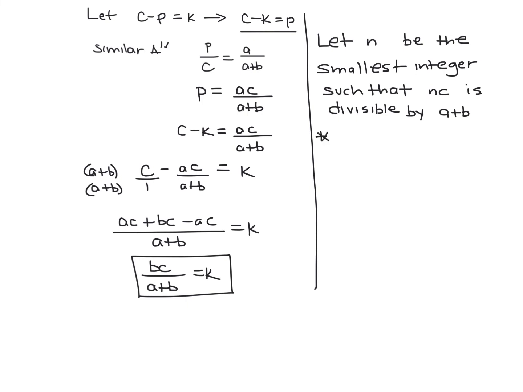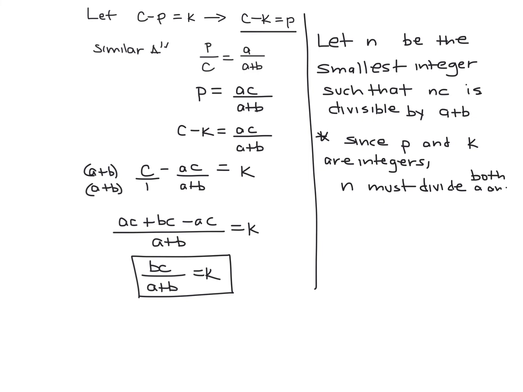Now, if that's the case, and we already know that p and this k up here that I introduced are integers, then that means that n must divide both a and b. So both a and b.